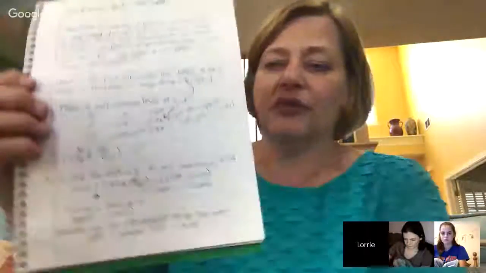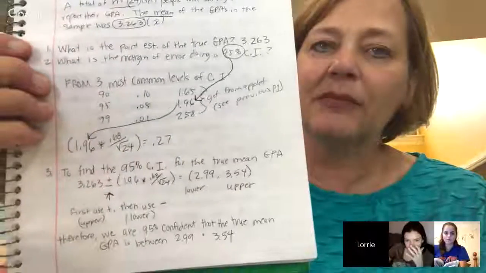I don't know if you can see my little notes here, but to find the margin of error for a 90%, you put the 1.645 times the standard deviation, which is 50, divided by the square root of 25.